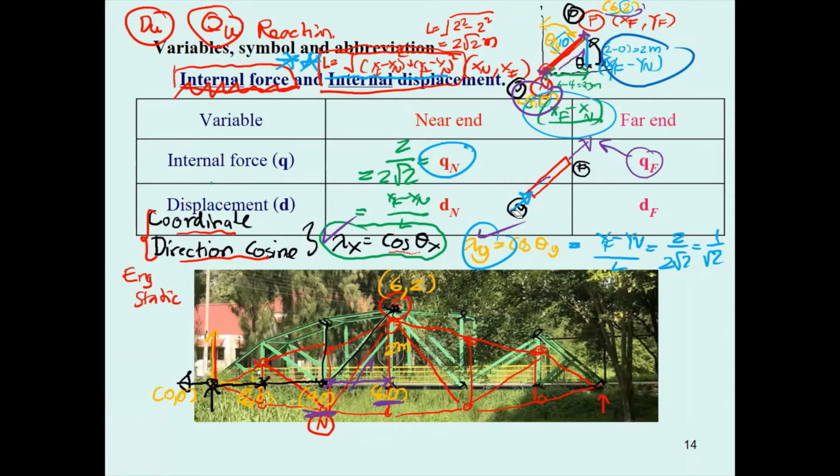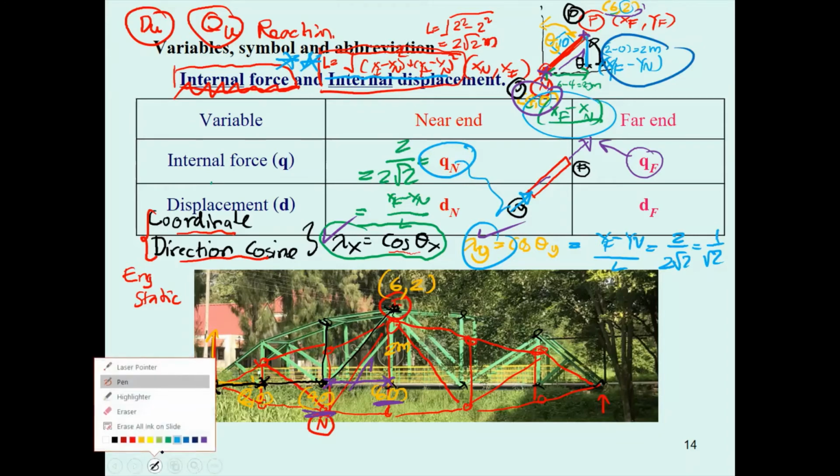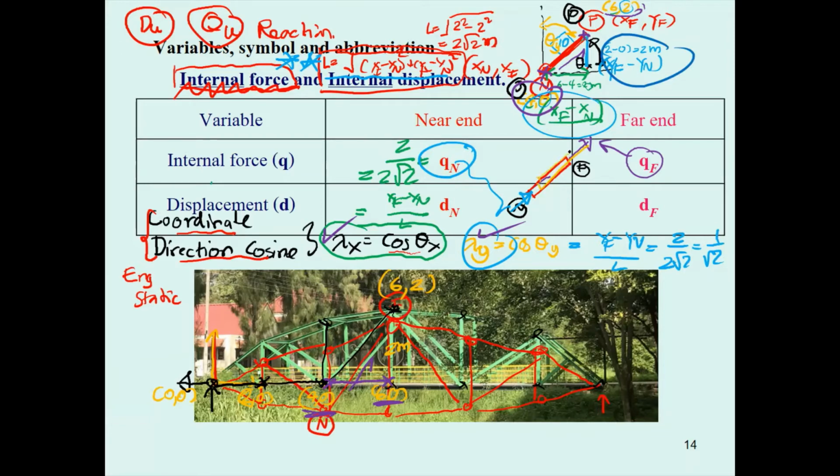This is the force at the near end, and due to the forces, the member must be deformed. This member may be deformed like this, and the deformation that occurs here is the deformation at the near end, and the deformation that occurs here we call the deformation at the far end.